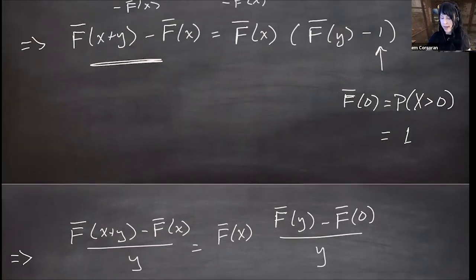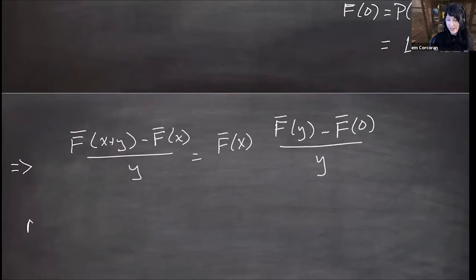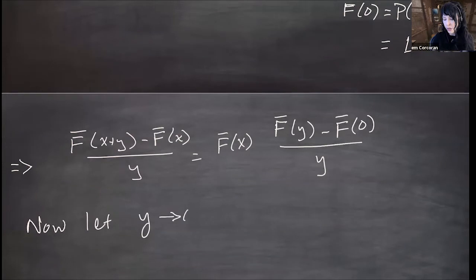And I put a y in the denominator on both sides. So now let y go to 0 on both sides.